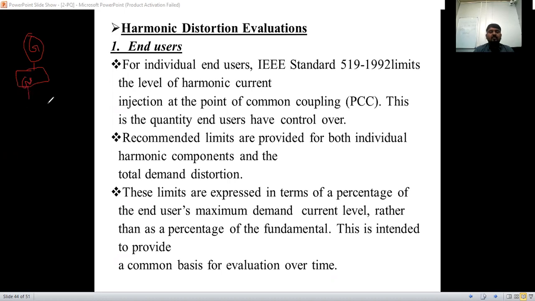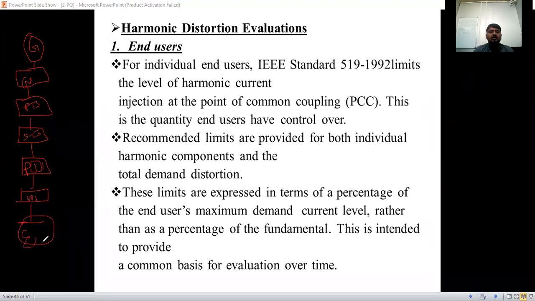Next it will go for the primary transmission system, PTS. Next the secondary transmission system. Next we'll go for the primary distribution system, then the secondary distribution system, and the last one is the customers or end user.